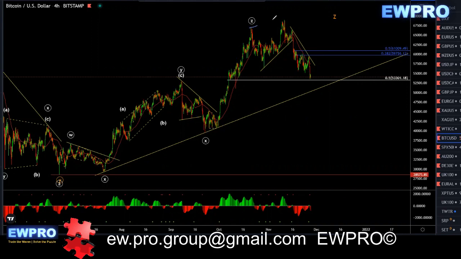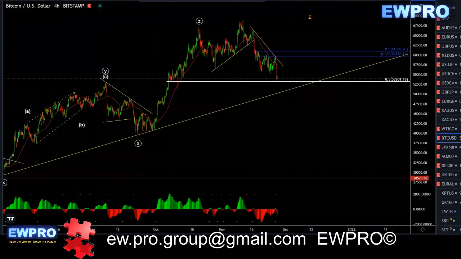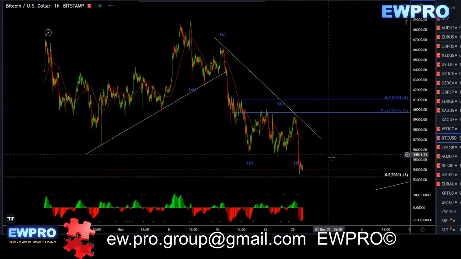So this is a possible flat here. We are starting to get bullish divergence on the H4. So if you get a buy setup, you can look for that buy.